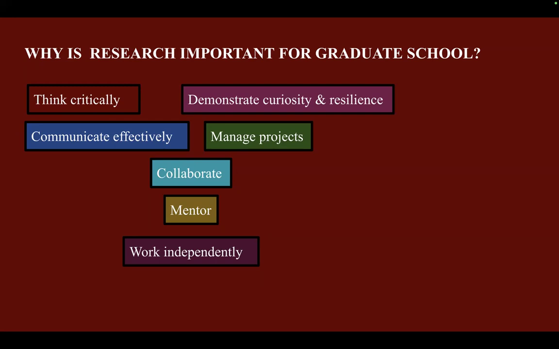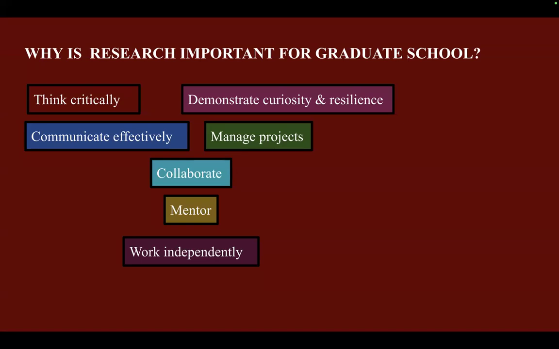That's why collaboration is also a big part of research, because you cannot possibly do everything by yourself. Most research is team based, with a lab full of people, often including the professor who is the PI, the grad students, the postdocs, and the undergrad students.